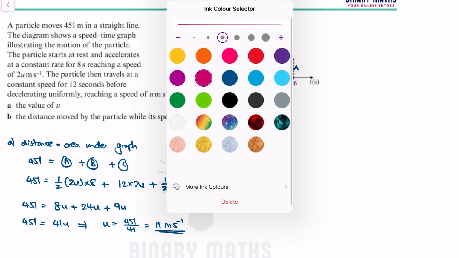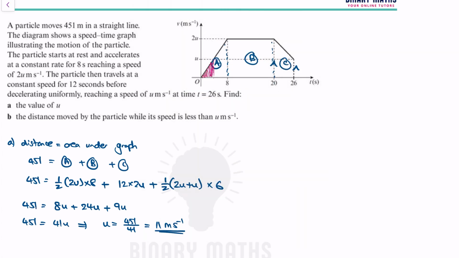So the area of this triangle, the distance while speed is less than u. So what we do know is because u is halfway between 0 and 2u, this must be 4.